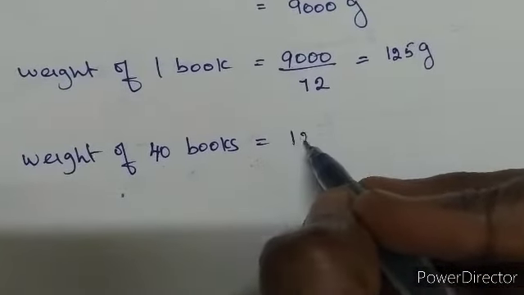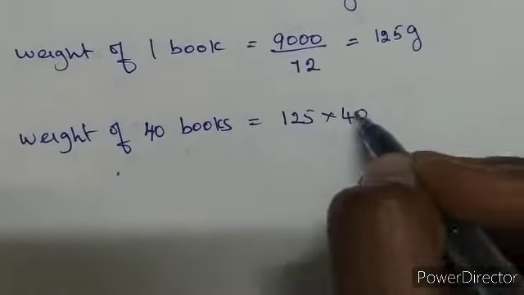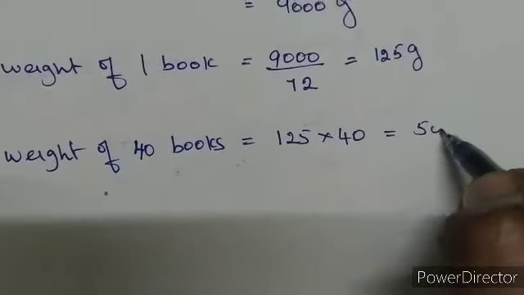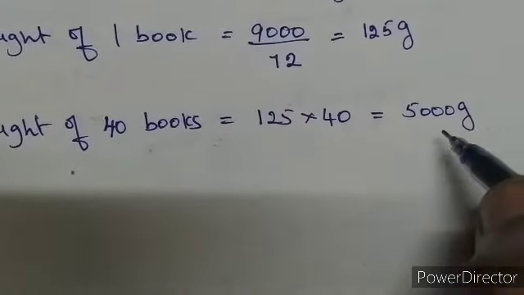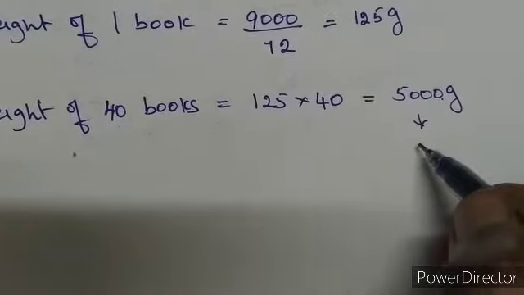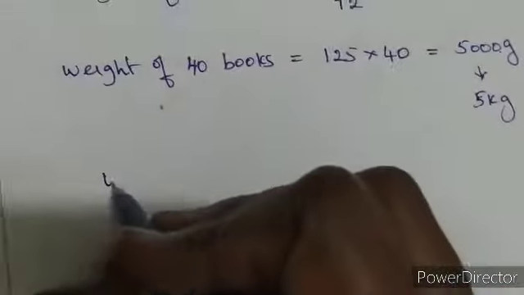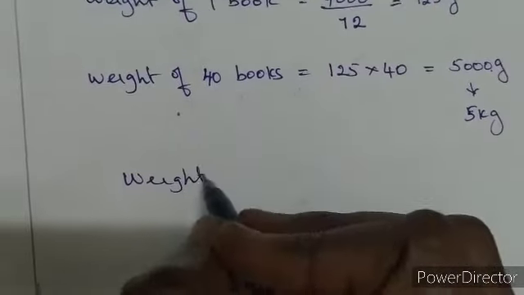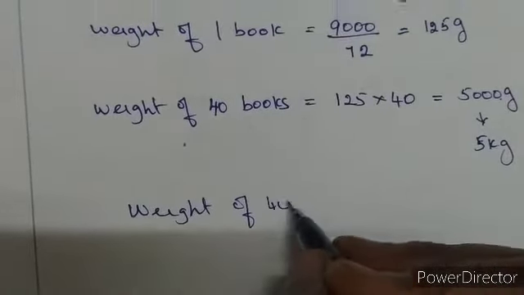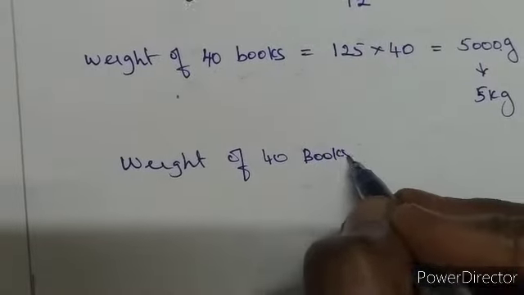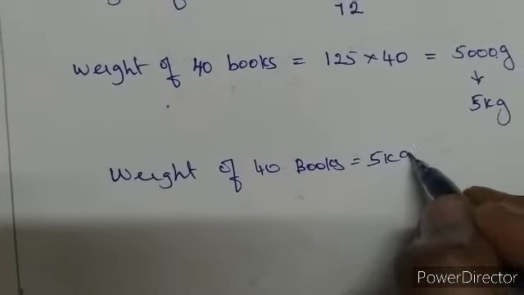Now 125 into 40 is equal to 5000 gram. So 5000 gram is equal to 5 kilogram. So your answer is the weight of 40 books is equal to 5 kilogram.